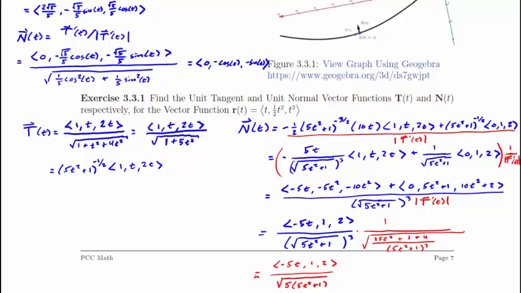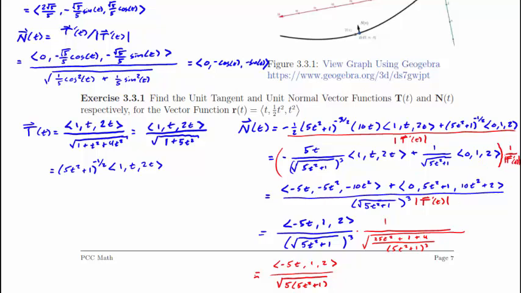So I simplify the first bit. I get that this equals, big parentheses, negative 5t over the square root of 5t squared plus 1 all cubed times 1 comma t comma 2t plus 1 over the square root of 5t squared plus 1 times the vector 0 comma 1 comma 2. Close that big parentheses times 1 over the magnitude of this unit tangent vector prime.